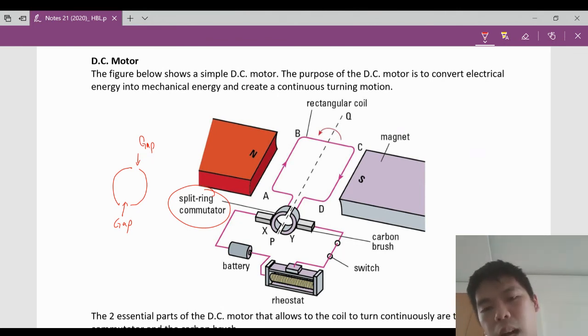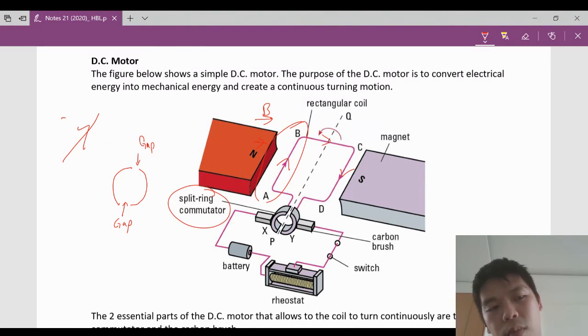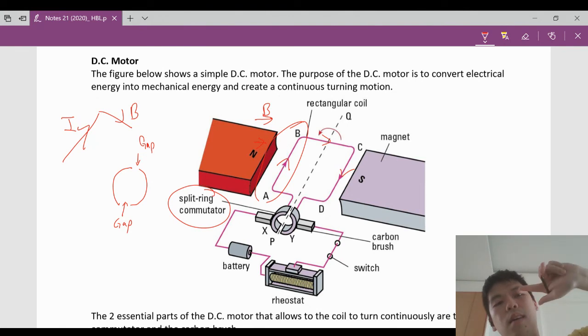When we have this setup, we let the current flow, we produce a magnetic field, and there will be a force being generated. In this case, let's look at segment AB. The current goes in, the magnetic field goes here, FBI, it goes down.